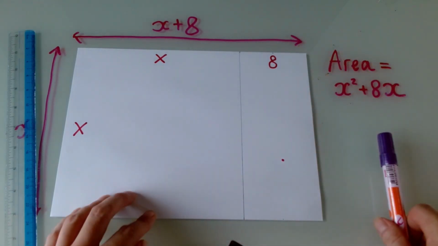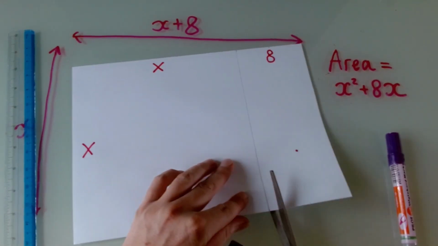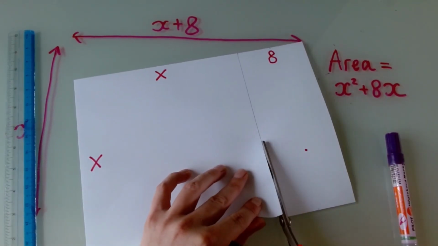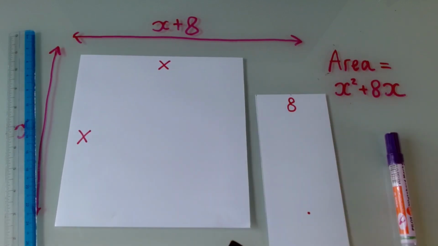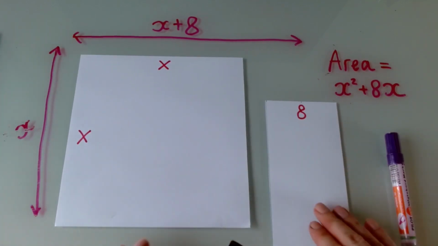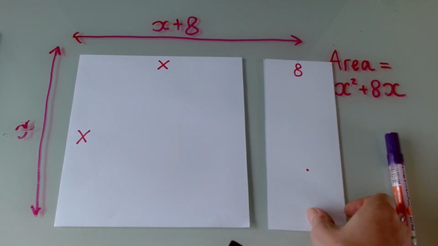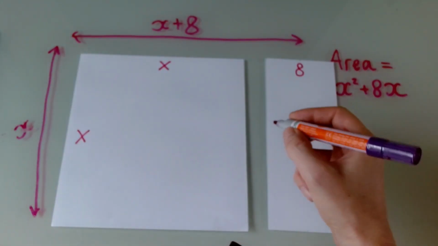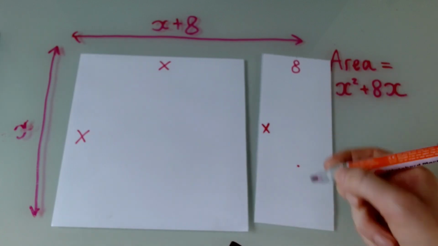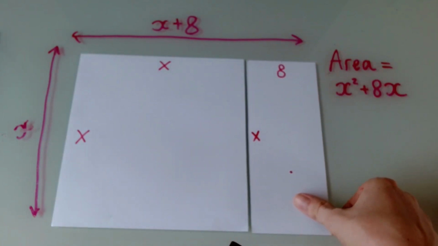And now what I want to do is to cut out this rectangle. Again, remember, my goal is to rearrange this and get a square, or at least something similar to a square. For now, I have a square and a rectangle with the sides 8 and x. And no matter how I try to rearrange it, I can't get a square.